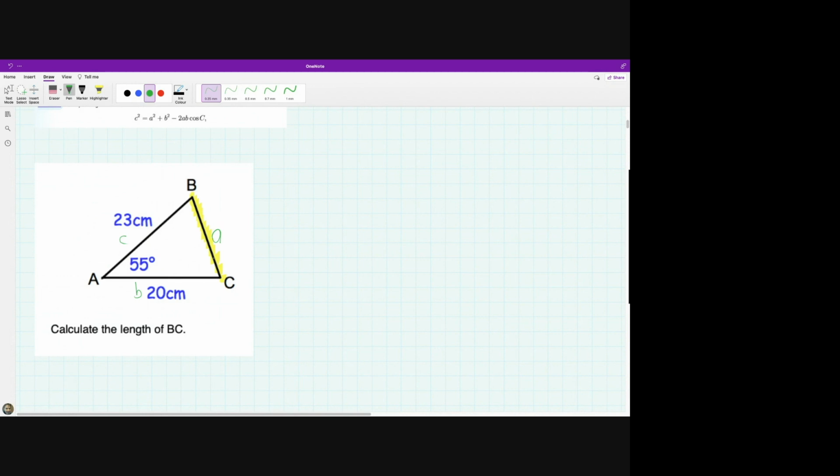Using the cos rule, I can write down, remember it looked a bit like Pythagoras, a squared is equal to the other two sides squared and added together, minus 2 times those other two sides times the cos of the angle between the two known sides. So what this really looks like is, I want this side.